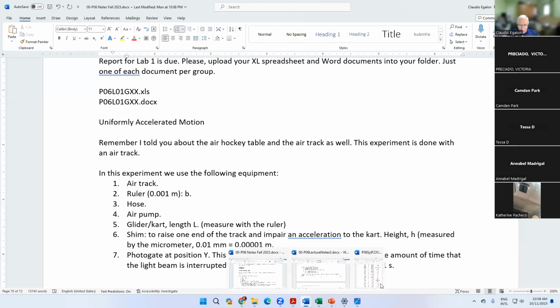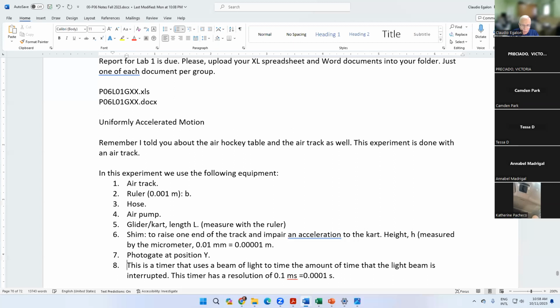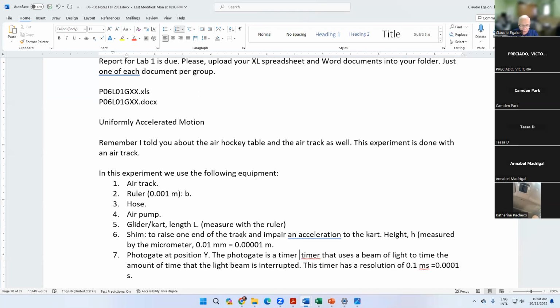And now let's see, position Y, photo gate at position Y. The photo gate is a timer with a resolution of... Let me rebuild this phrase here.